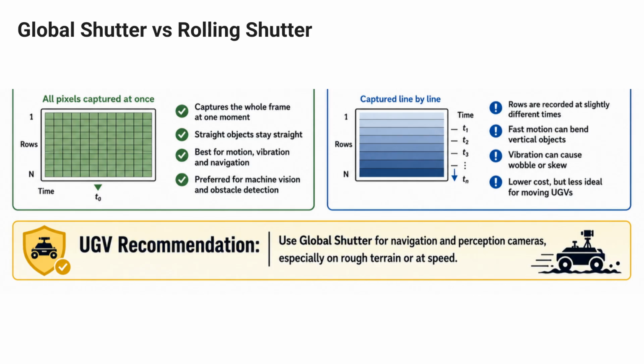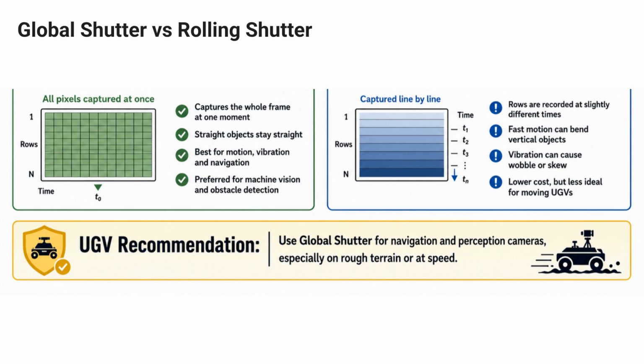A global shutter captures all pixels at nearly the same moment. Its main advantage is accurate motion capture, with minimal bending, skew, or wobble. This makes it ideal for moving vehicles, rough terrain, obstacle detection, and machine vision. However, global shutter cameras are usually more expensive and may offer lower low-light performance than comparable rolling shutter sensors.